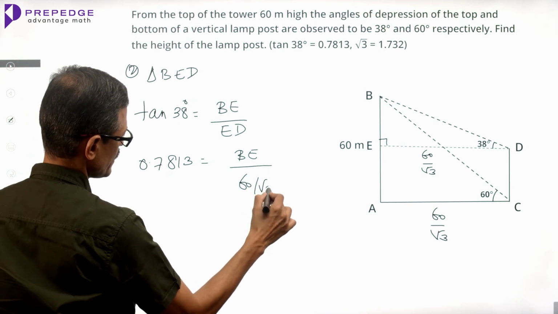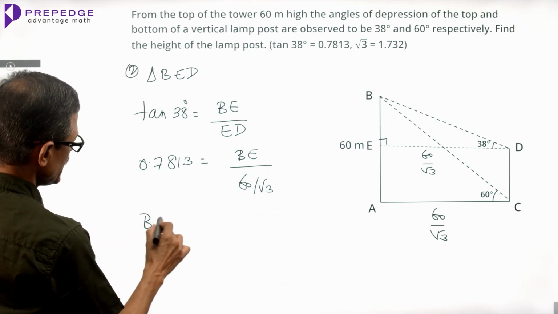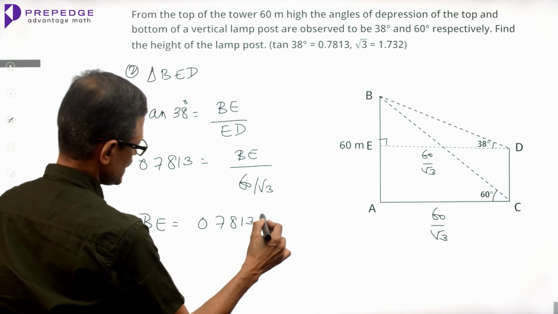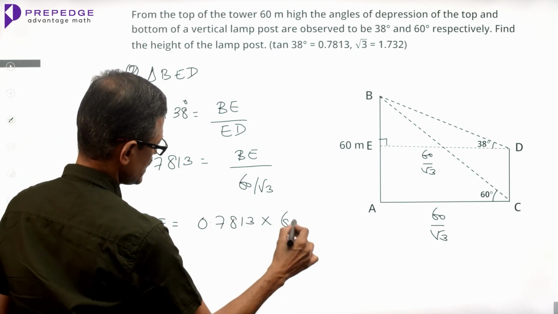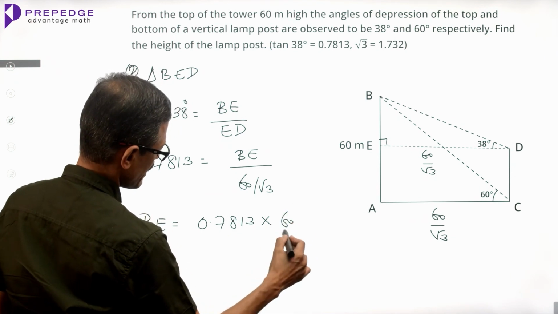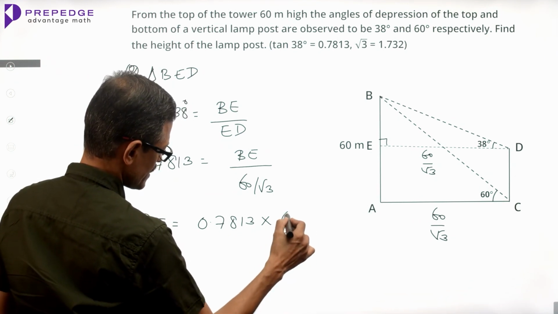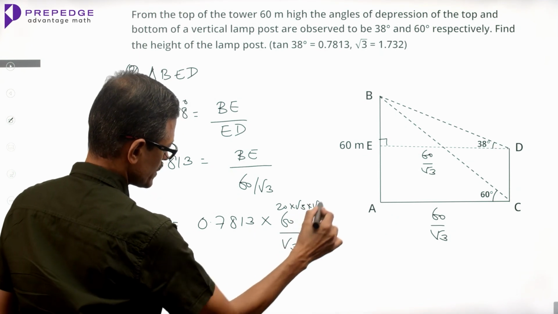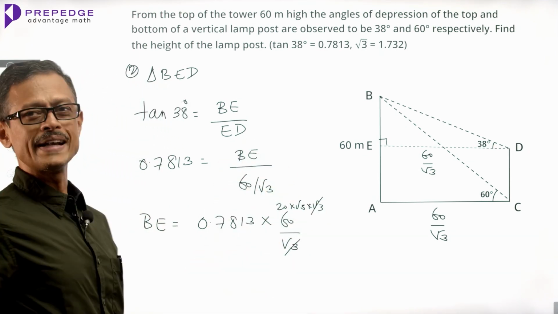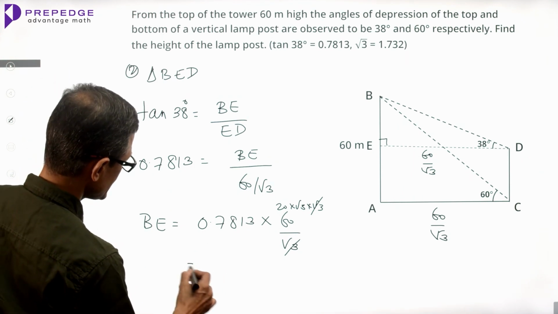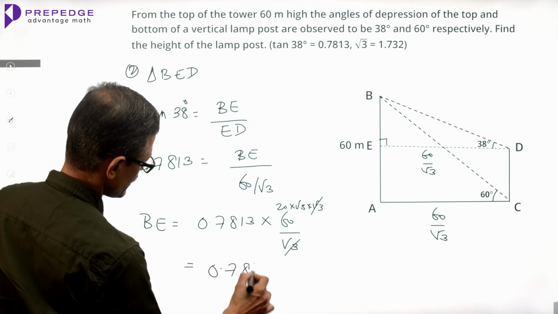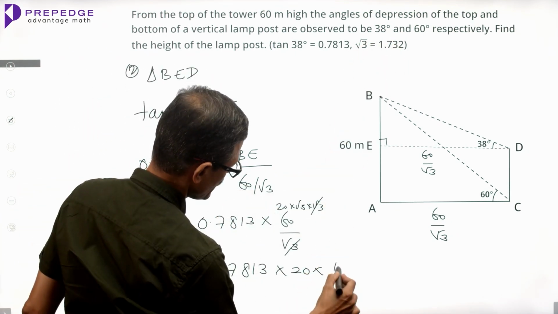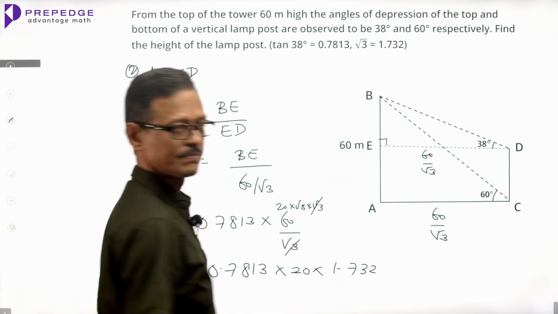So the value of BE is equal to 0.7813 into, இதை cross multiply பண்ணோம்னா 60 divided by root 3, we'll write this as 20 into root 3 into root 3 னு எழுதிக்கலாம். So this will get cancelled with this to leave us with a 20 root 3. So BE is equal to 0.7813 into 20 into root 3 ஓட வேல்யூ வந்து 1.732 அப்படின்னு எடுத்துக்கிட்டாங்க.